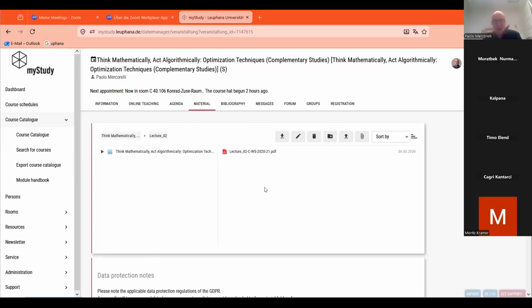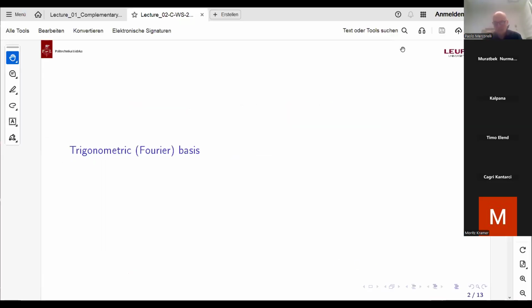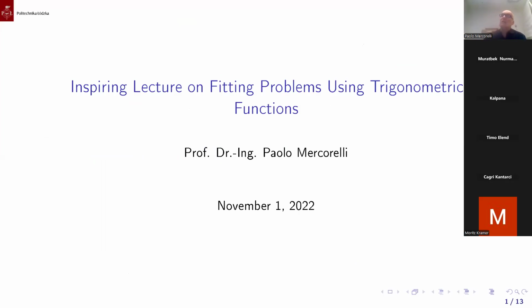Yeah, the lecture looks like this. You can find it in my study. Just a few words about the theory of the structure, and then we will see it together in MATLAB.